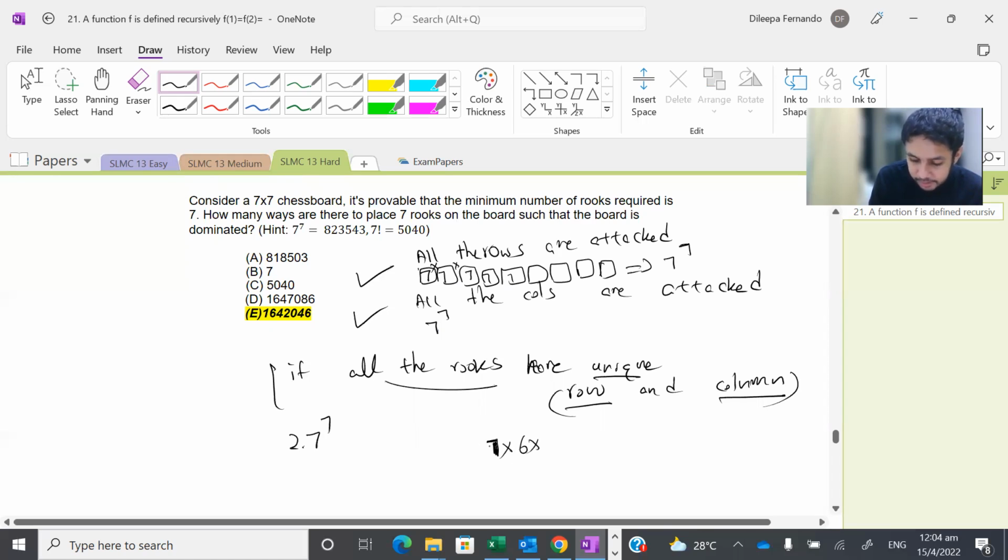So 7, 6, 5, 4, 3, 2, 1, which happens to be factorial 7. So the answer is 2 into 7 to the power 7 minus factorial 7. So 2 into 7 to the power 7 is this, minus factorial 7 is this. So this is the answer.